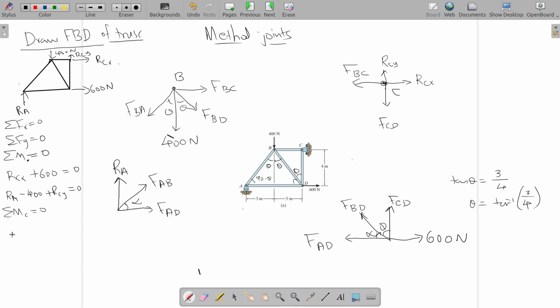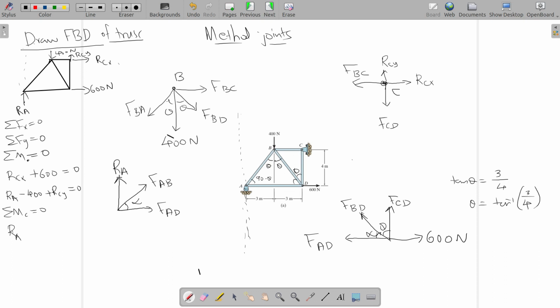Now RA multiplied by, what is the perpendicular distance between line of action of RA and point C? This is the line of action of RA, right? What is the perpendicular distance between line of action of RA and point C?